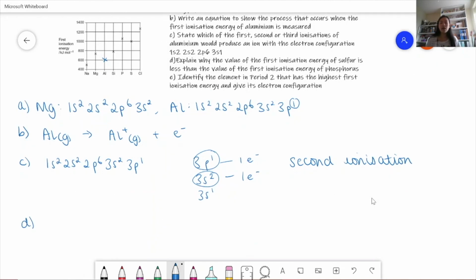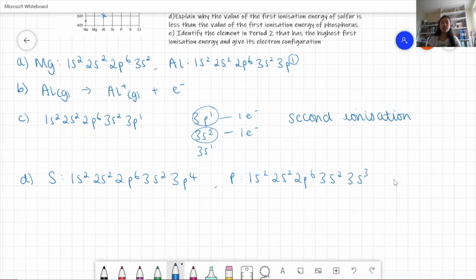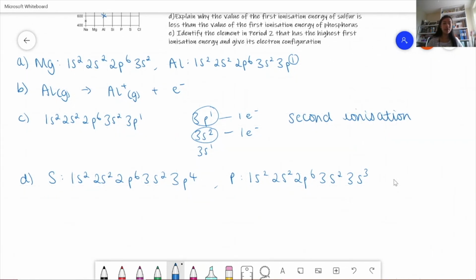And then for D, explain why the value of the first ionization energy of sulfur is less than the value of the first ionization energy of phosphorus. So if we have a look at the electron configurations, we have sulfur is 1s2, 2s2, 2p6, 3s2, 3p4, and then we have phosphorus, which is 1s2, 2s2, 2p6, 3s2, 3p3.